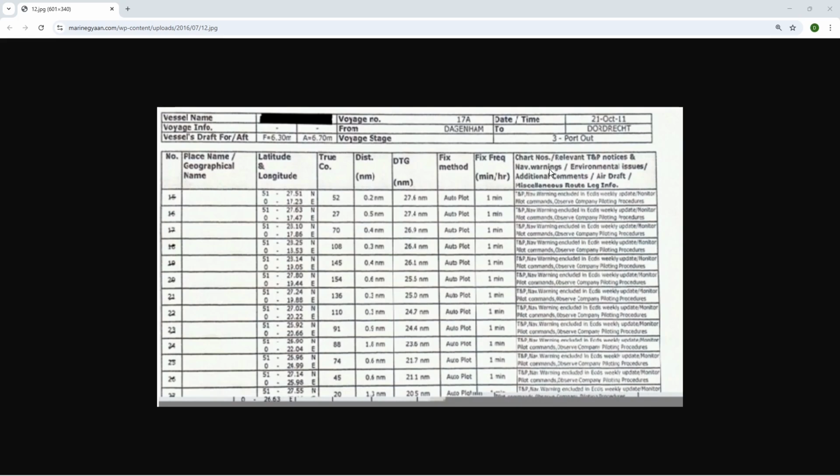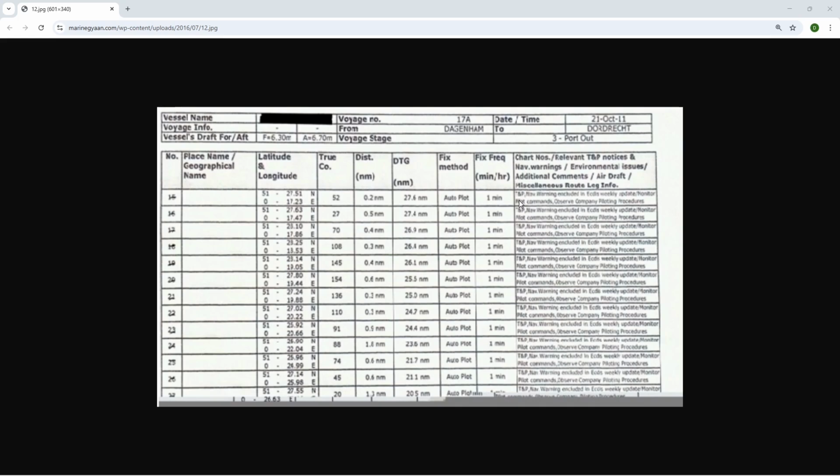Then the relevant chart numbers, relevant temporary and preliminary notices, navigational warnings, environmental issues, additional comments, and so on. So whatever additional information or comments, you can mention here.